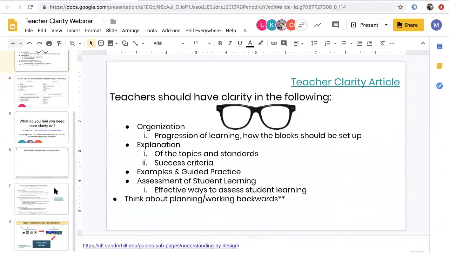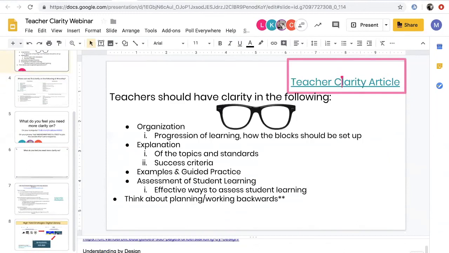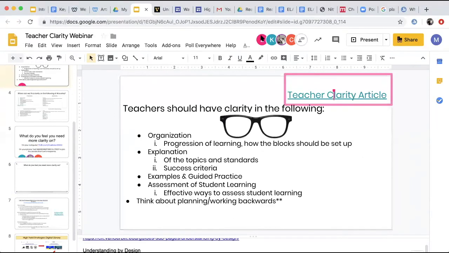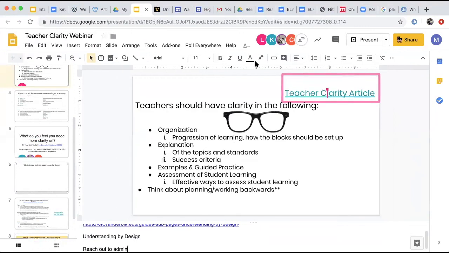And you know what, Madison, now that I think about it, since we had this tonight and this is the last one, why don't you reach out to administration to say, as a result of this Zoom presentation on our last high yield strategy, some support with EL resources came up.